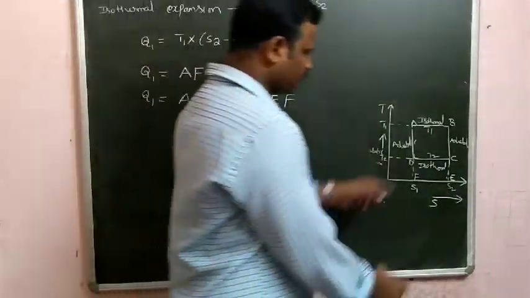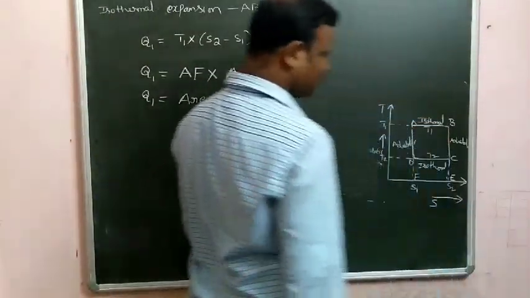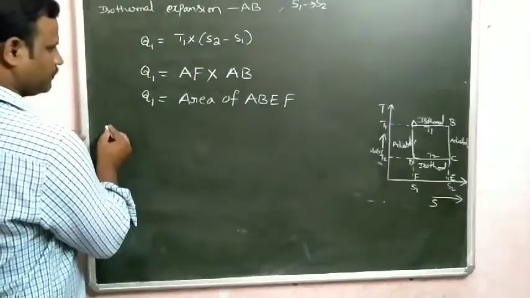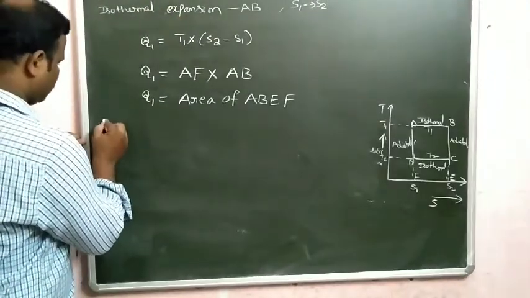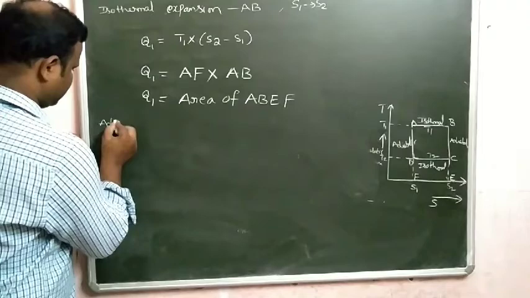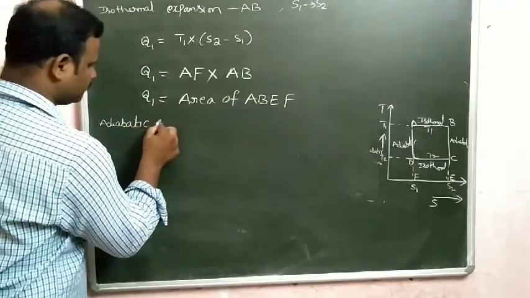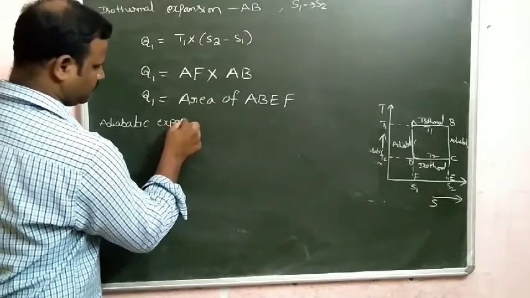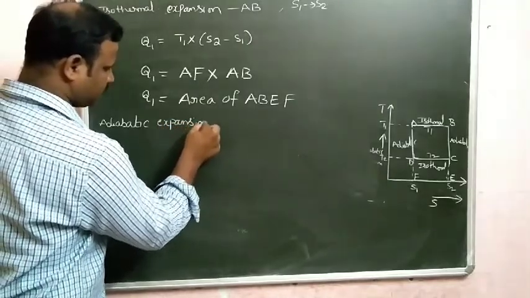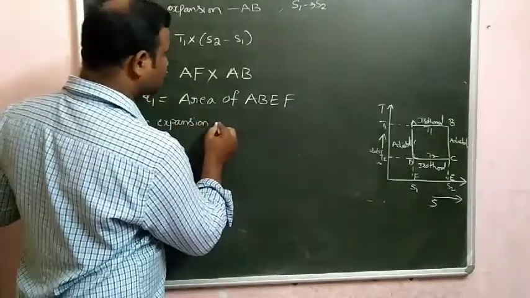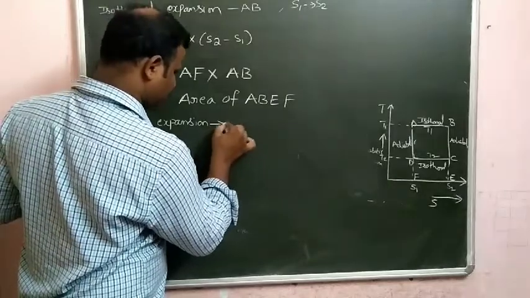Next one, BC, adiabatic expansion along a straight line BC.